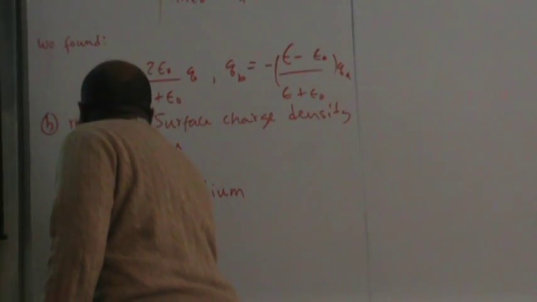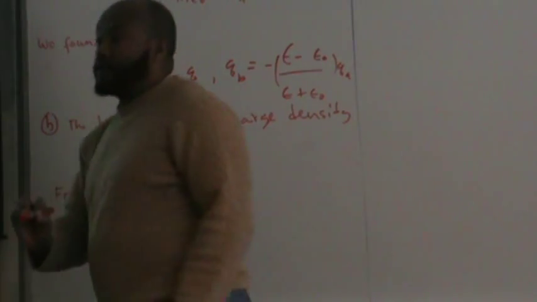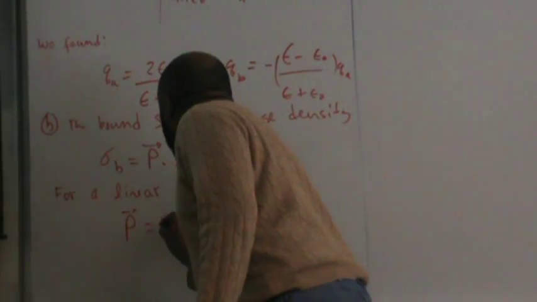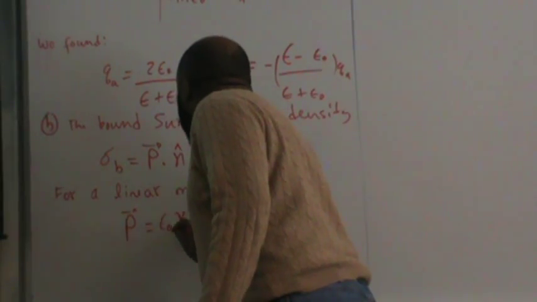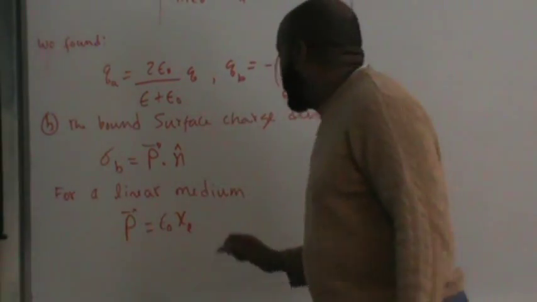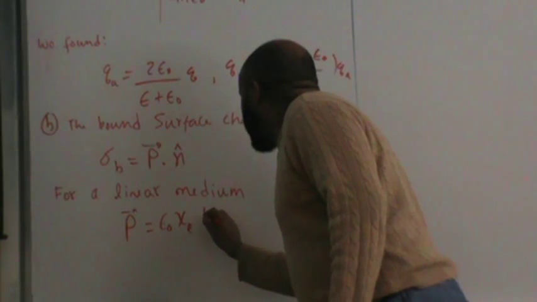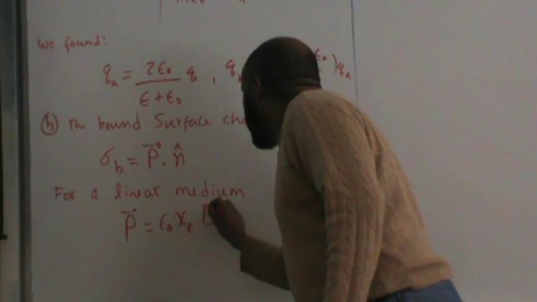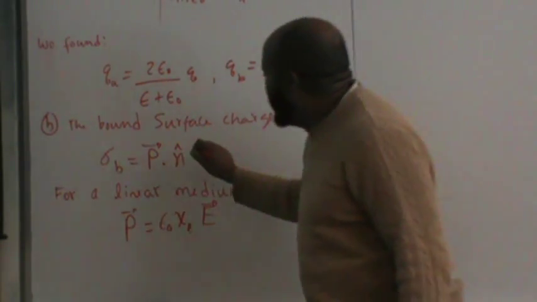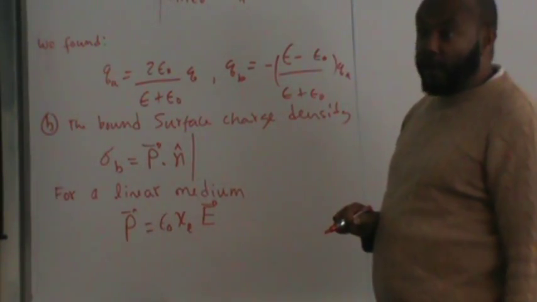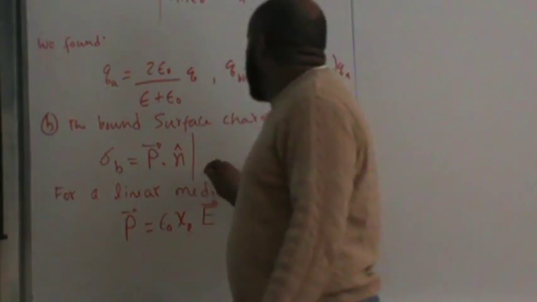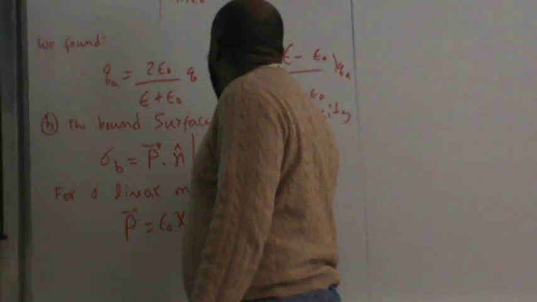The polarization P equals epsilon naught times chi E, the electric susceptibility, times the electric field. All right? So this is evaluated when? At the surface, right? At z equals 0.